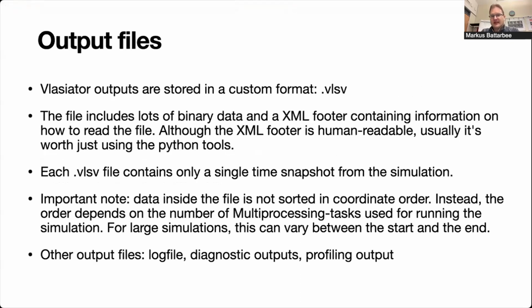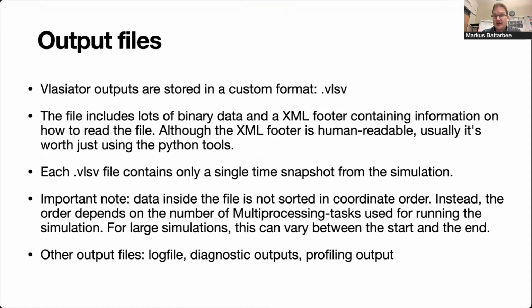So the VLSV files, we've got the Visit plugin for reading these into Visit, but we also have direct reading functionality in Analysator. The data has a lot of binary data in it, and then there's an XML footer at the end of the file, which contains all the information on how to read it.